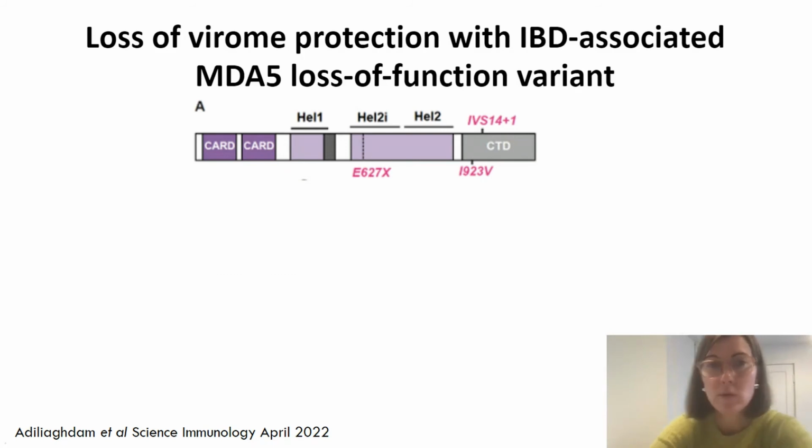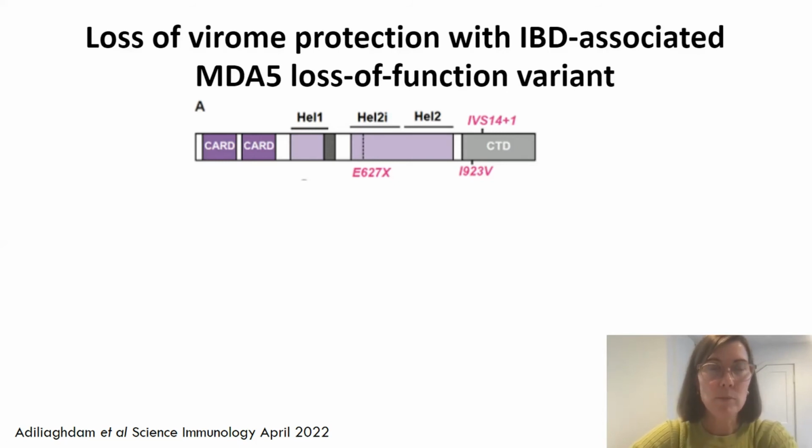So that was all in mice, and we'd done human macrophages in vitro, and we'd looked at humanized mice in vivo to look at disease phenotype. And I wanted to get back to this genetic association of the viral sensor MDA5 with inflammatory bowel disease. Many of you on this call and in this field know that MDA5 is a cytosolic sensor of long double-stranded RNA.